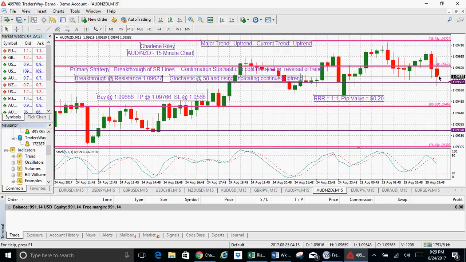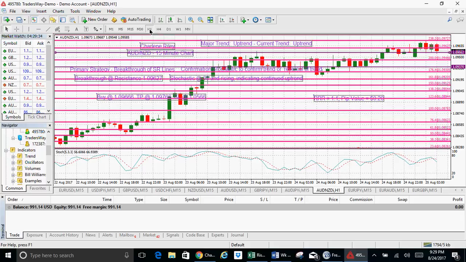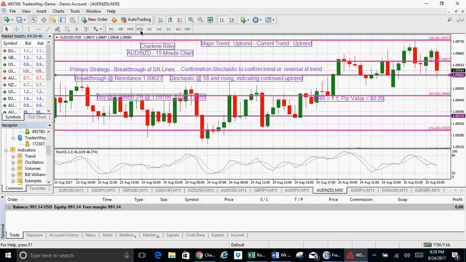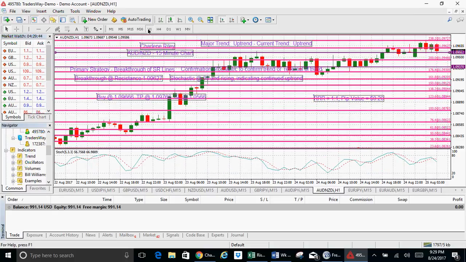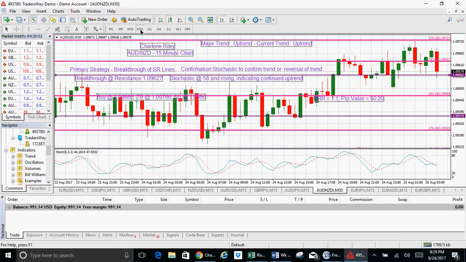I won't enter on this current candlestick because we've got 30 seconds to the next 15-minute period. But I see the downtrend, the bearish candlesticks on both the 1 hour and the 30-minute charts.